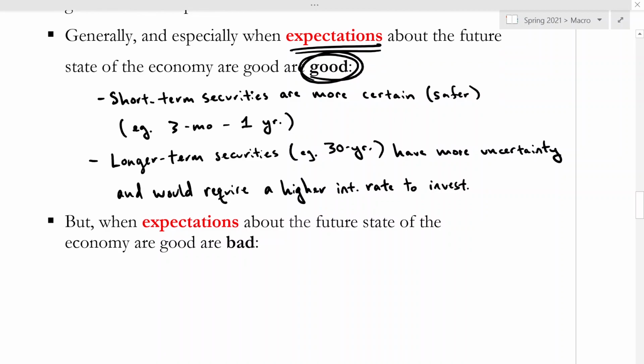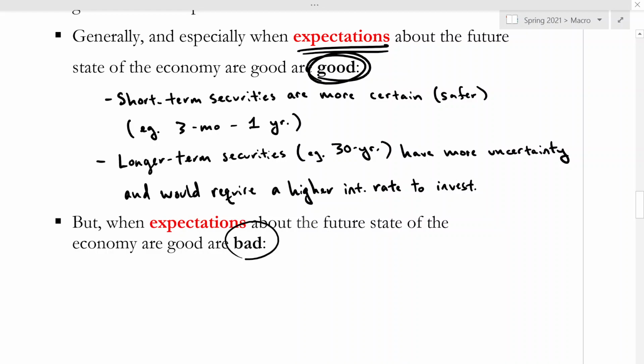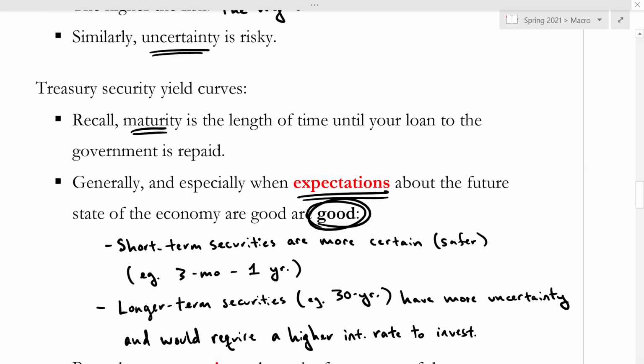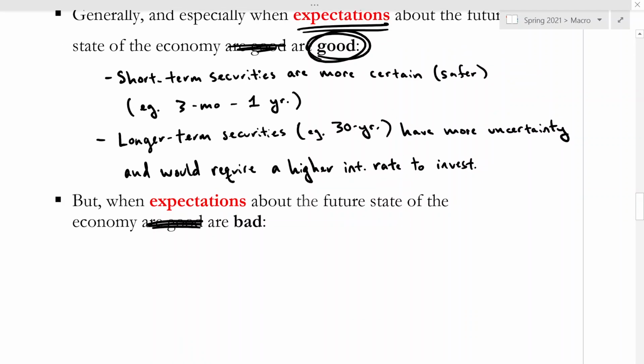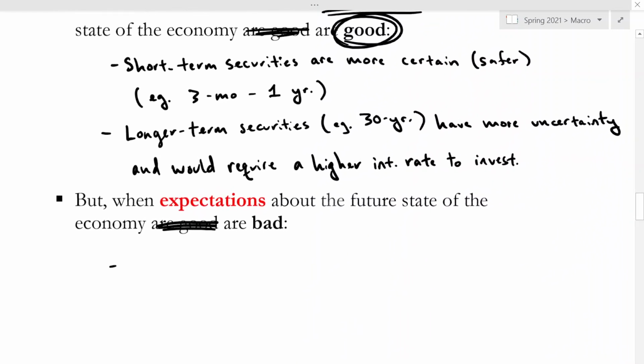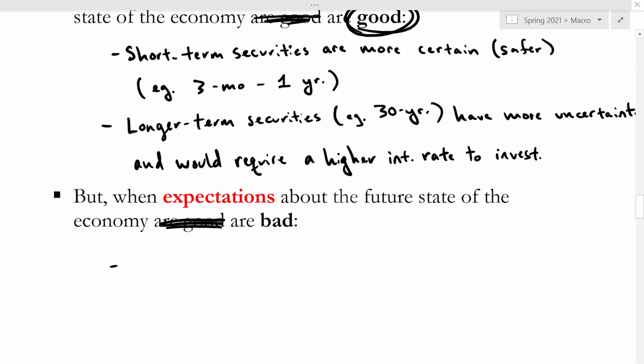But we can have this situation where it's possible that, okay, there's some impending thing, maybe something like COVID-19, and there's a whole bunch of uncertainty, and the future state of the economy is looking bad, right? Bad up here, good down here. Okay, when this happens, if in the short run we really don't know what's about to happen, the pandemic is about to hit, we've got some problems, then short-term securities may become more uncertain and riskier.